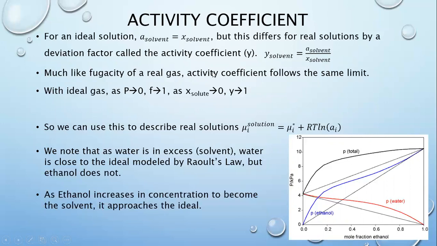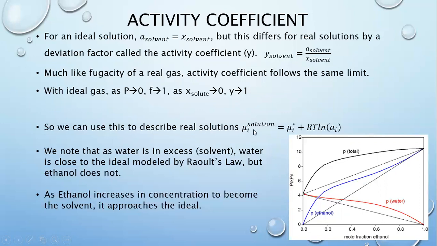Much like our fugacity of a real gas, activity coefficient follows the same limit: as pressure approaches 0, fugacity approaches 1, so it becomes ideal. While as mole fraction approaches 0 for the solute, so as that mole fraction of solvent approaches 100 or 1, the activity coefficient approaches 1.